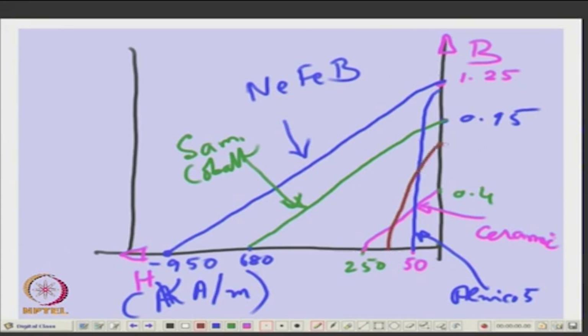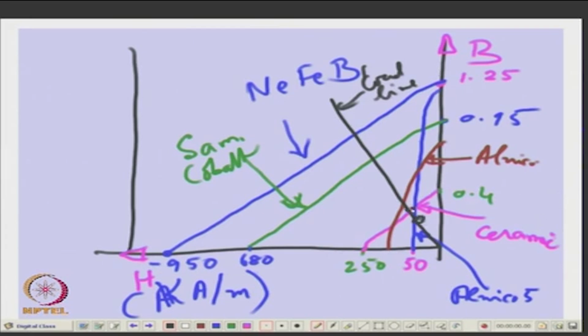This is just an approximate figure, but you can look at Alnico 8. You will notice that for any system to operate, you will have a load line corresponding to whatever load you connect externally, and the operating point on the BH curve would depend upon which material is used.